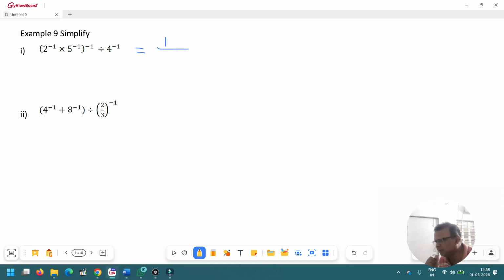Equal to 8, but 10 to the power minus 1 is 5 to the power minus 1.